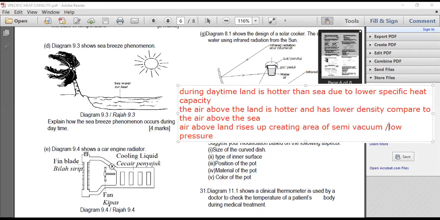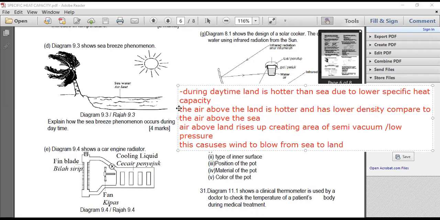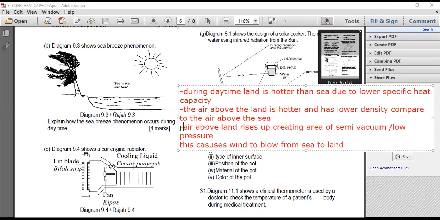So this causes wind to blow from sea to land. So you get 4 points: 1, 2, 3, 4.